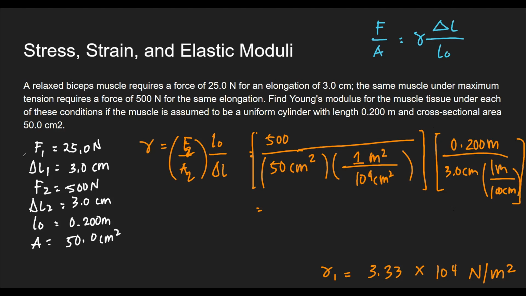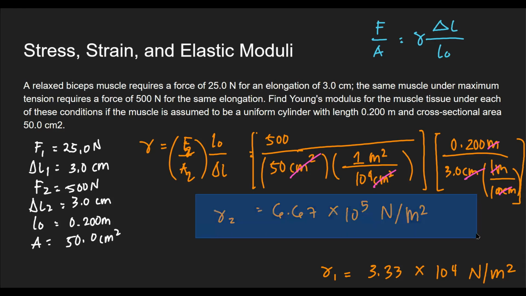Then cancel the common terms. So we're left with Young's modulus number 2, which is 6.67 times 10 to the 5th newton per square meter. There you go.